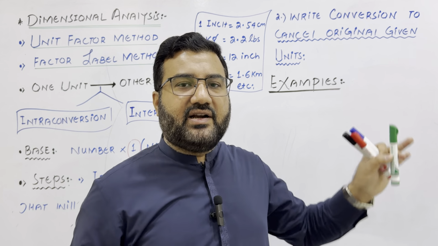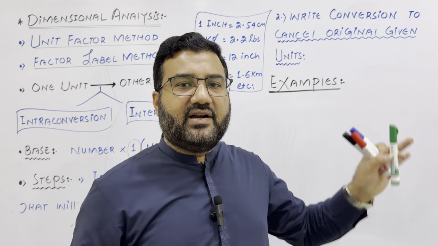Suppose that I say that we have 3 pounds. How many kgs will be present in 3 pounds? Now, my dear students, the conversion is from pounds to kg. So, step 1 says that you must identify the conversion, means you must have an idea of what is the relationship between these two units.